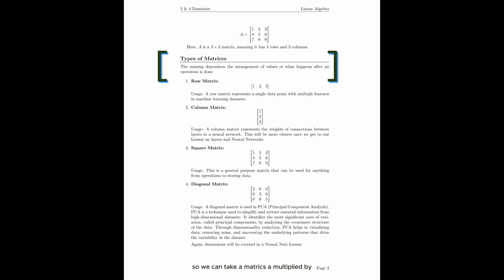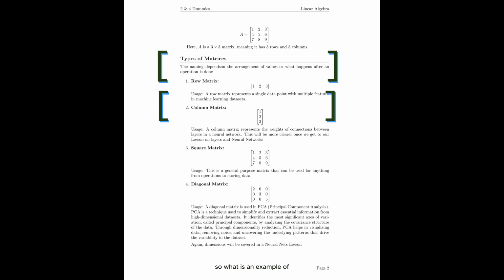So we can take a matrix A, multiply it by a column matrix X, and from there we get another entity that we can use for data manipulation or for whatever purpose we may require.